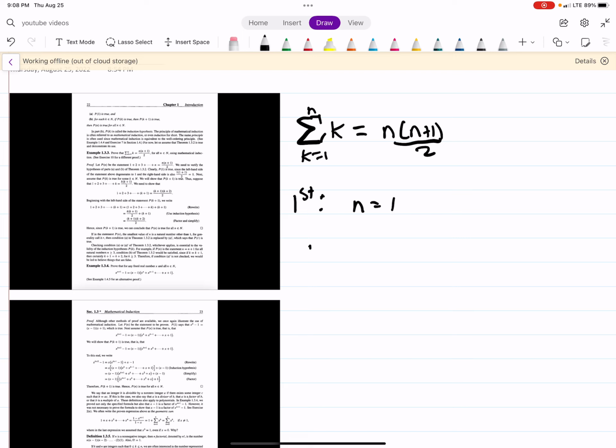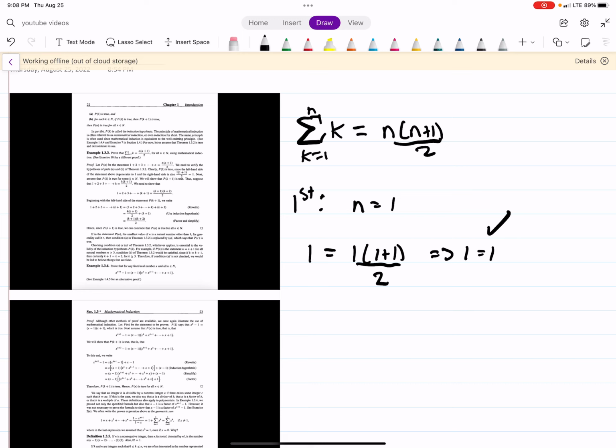On the left-hand side, you would just have 1, and the right side is 1 times 1 plus 1 over 2, which is 1. So 1 equals 1, and for the first case, it does work.